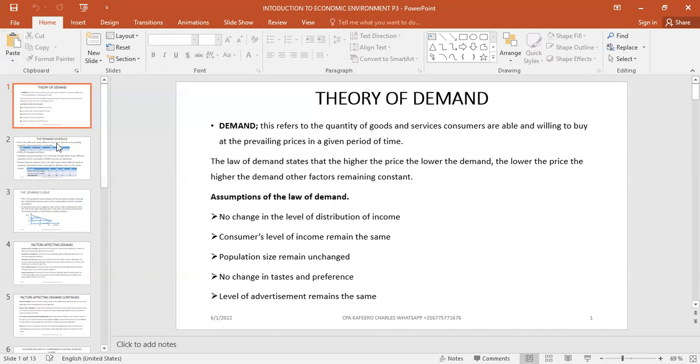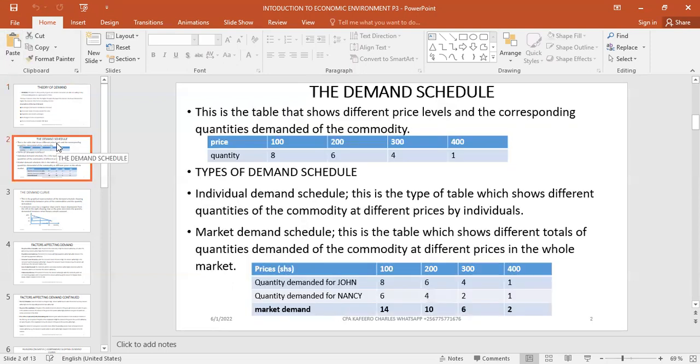So allow me to go to the demand schedule. The demand schedule is just a table which shows the different prices and the corresponding quantities of products that consumers bought at a given price. So this is the table that shows different price levels and the corresponding quantities demanded of the commodity.